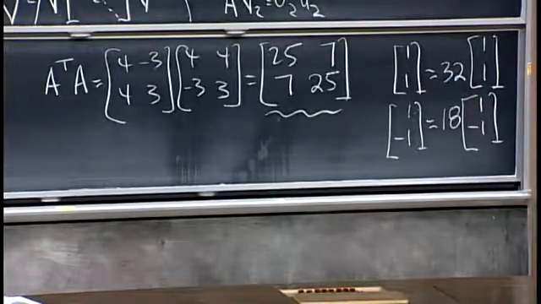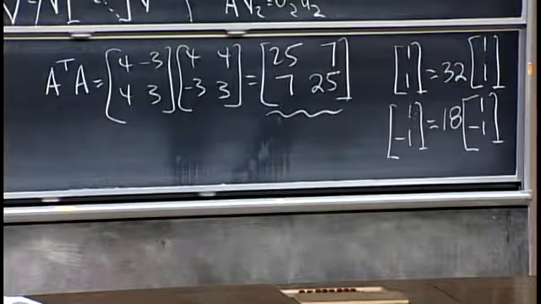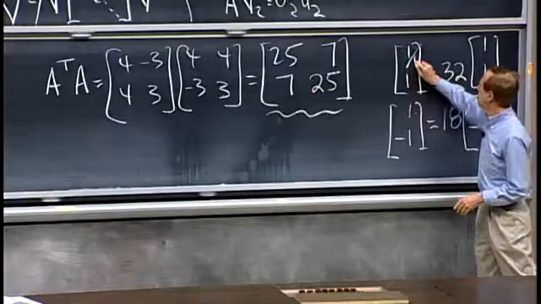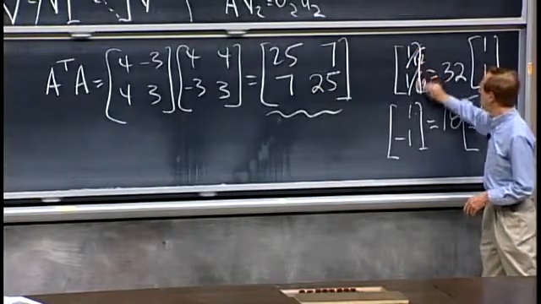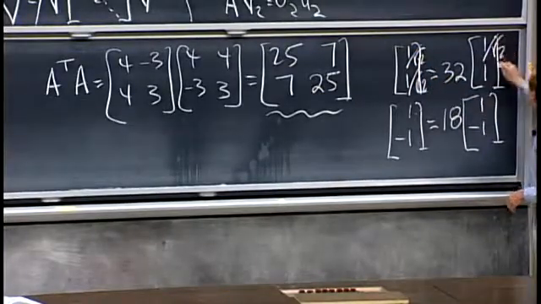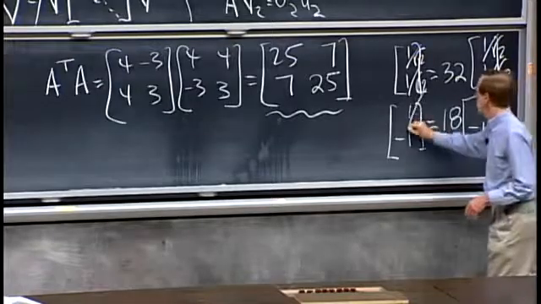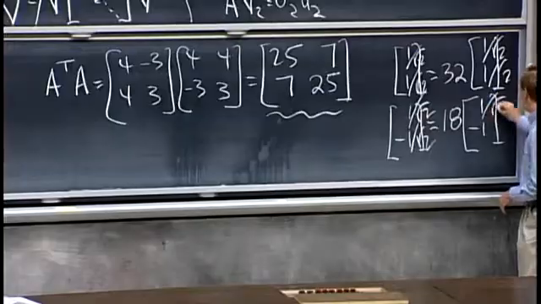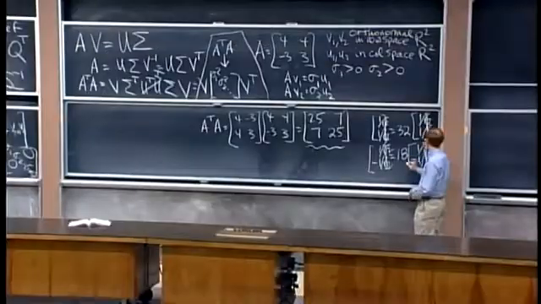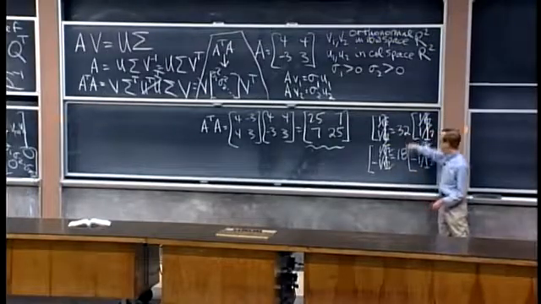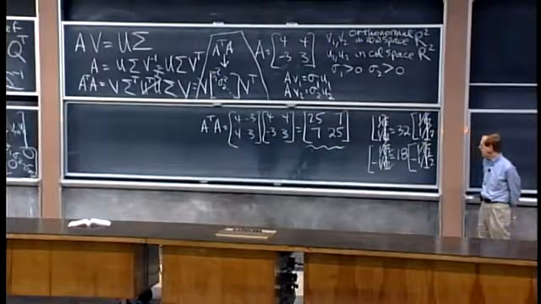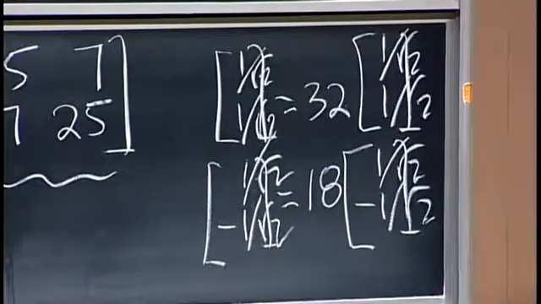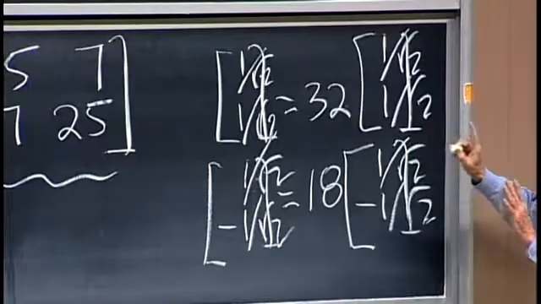But, oh, just a moment, I didn't normalize them. To make everything absolutely right, I ought to normalize these eigenvectors, divide by their length, square root of 2. So all these guys should be true unit vectors. And, of course, that normalization didn't change the 32 and the 18. Okay, so I'm happy with the V's.